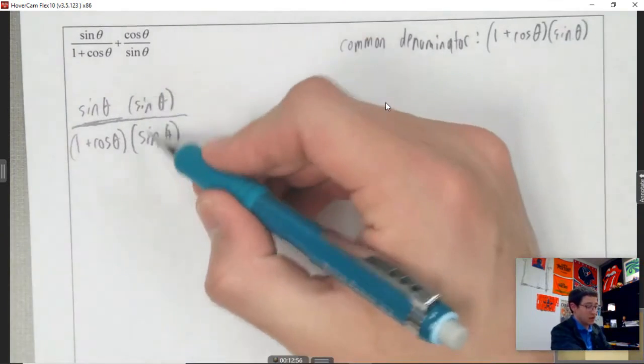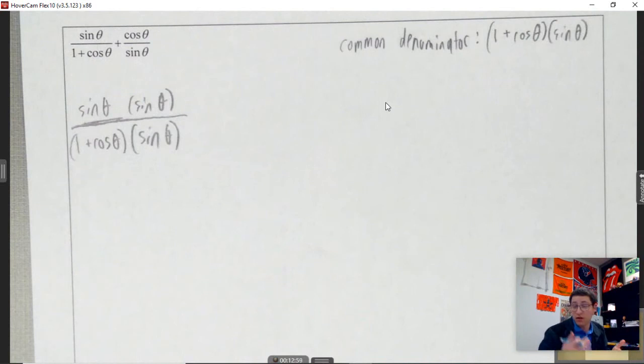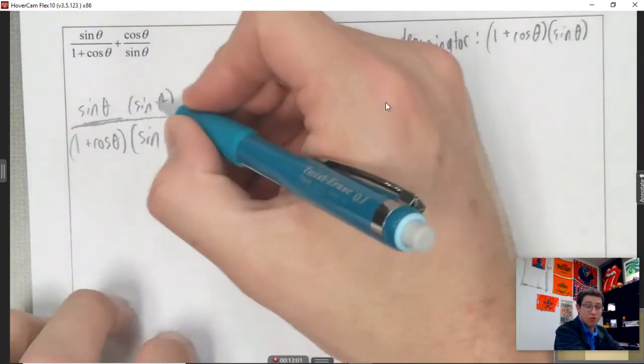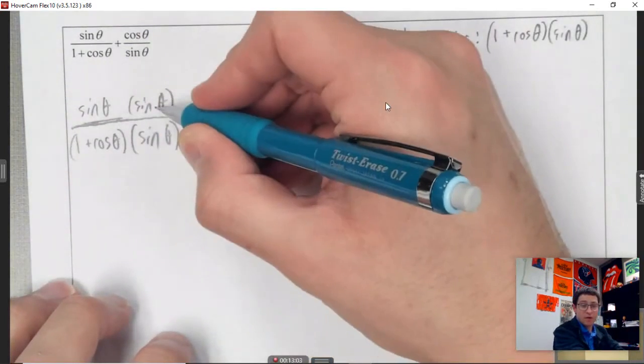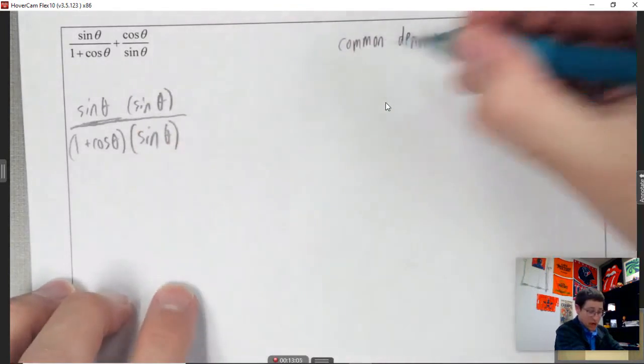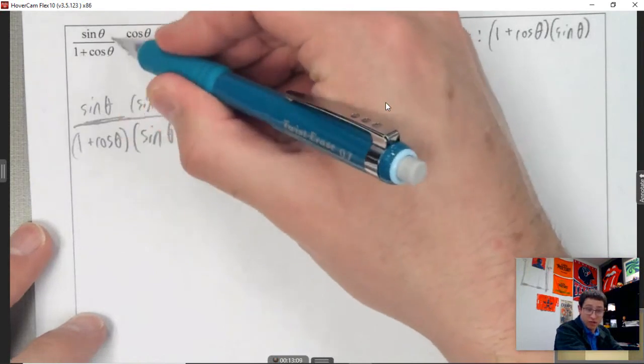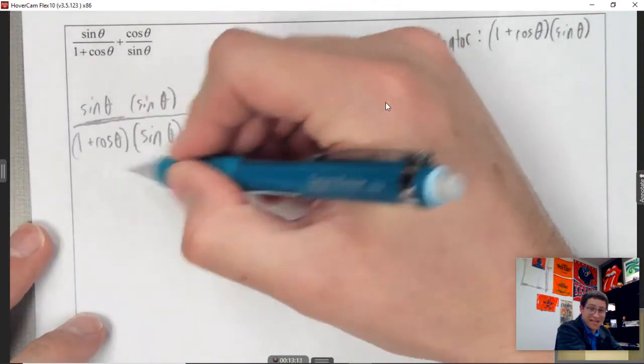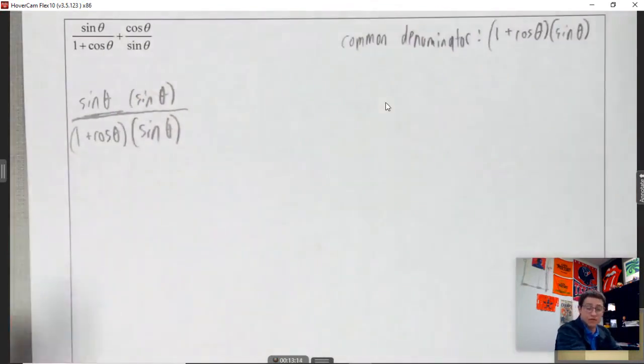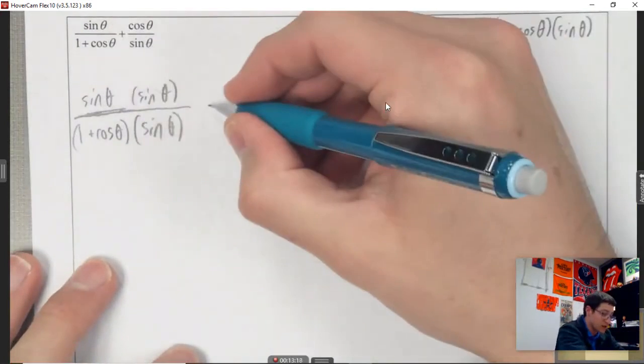Sine of theta over sine of theta is 1. Anything over itself is 1. So I'm multiplying this fancy version of 1 to be able to get a common denominator. In other words, this entire fraction and this one are the exact same value. It's just written differently.